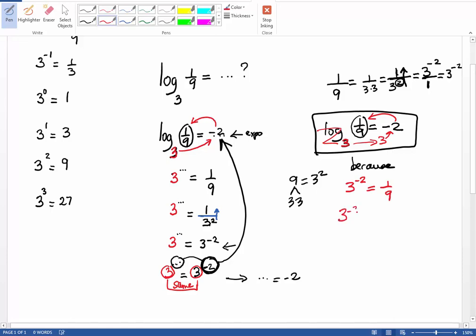Let's see, 3 to the -2 is over 1. Bring it down, change the sign, 1/3 to the second power, which is 1/3 times 1/3, which is 1/9. So that checks out. So indeed, my answer to the question is -2.